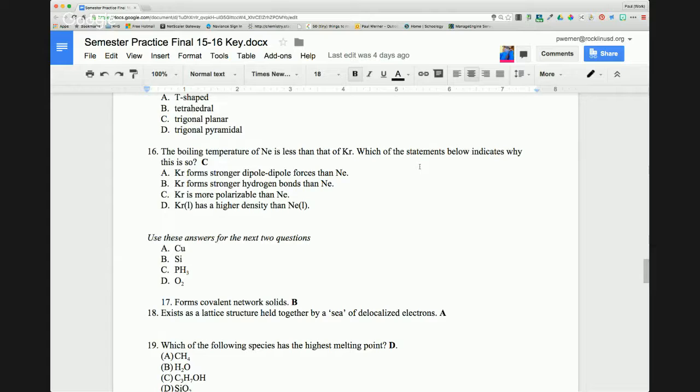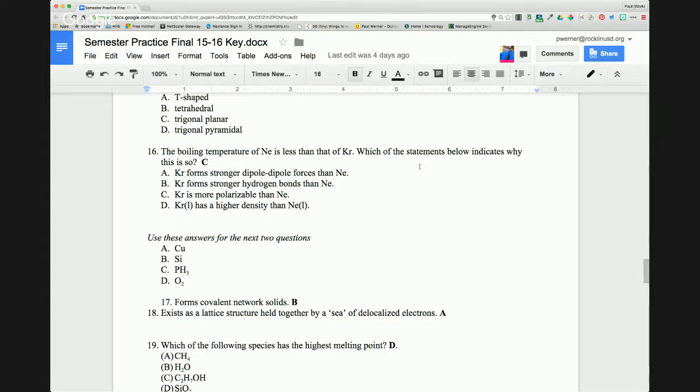And then you can get some stronger bonds within the London dispersion. So the melting point and the boiling point, those characteristics that rely upon those forces, are then higher melting point, higher boiling point. So hopefully that answers your question about number 16.